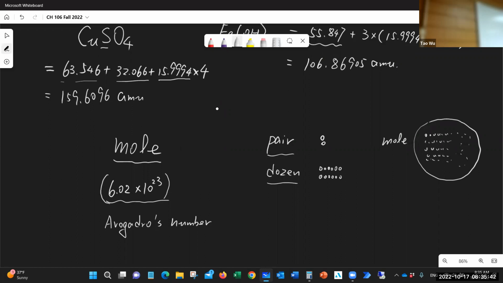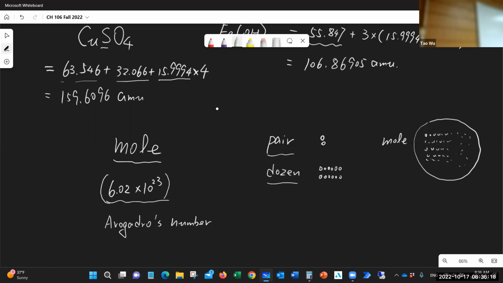Okay, so remember 1 mole is the aggregate of 6.02 times 10 to the 23rd of that stuff grouped together. That is called 1 mole. Obviously this group number is not useful for the normal stuff that we can see, but it is a very good number for atoms, for ions, for molecules, because those are very small, tiny.